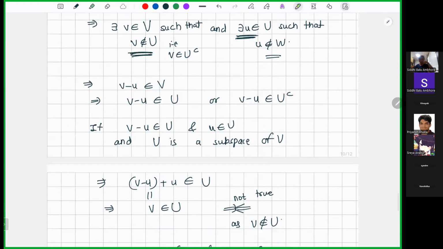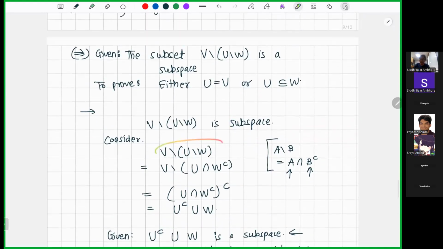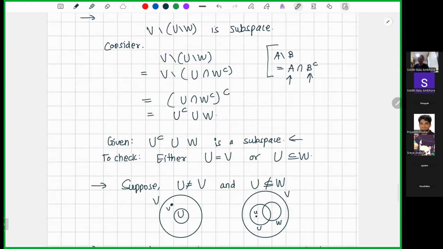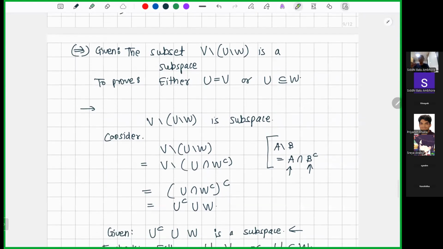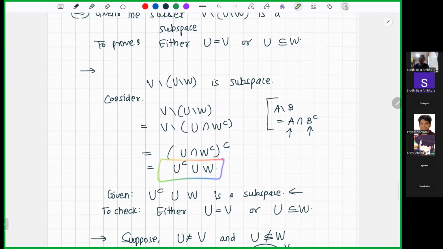If we had just left it at the point that this given set is a subspace, realizing how this set looks is difficult at first glance. So that's why we simplified it to understand what exactly this subset is, and it is U complement union W in V.